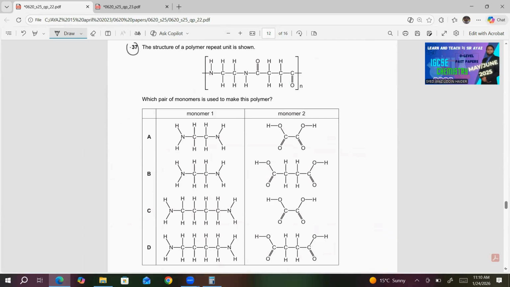37. The structure of a polymer repeat unit is shown. Which pair of monomers is used to make this polymer? Now I'm breaking it down into repeating units. These are the repeating units. So you may have this repeat unit.